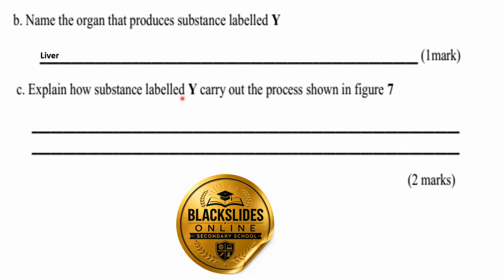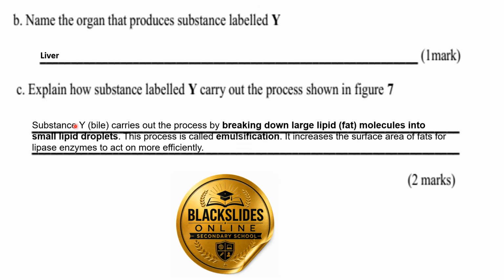So how does bile do that? Substance Y, which is bile, as we mentioned, carries out the process by breaking down large lipids into small lipids. This process is called emulsification.